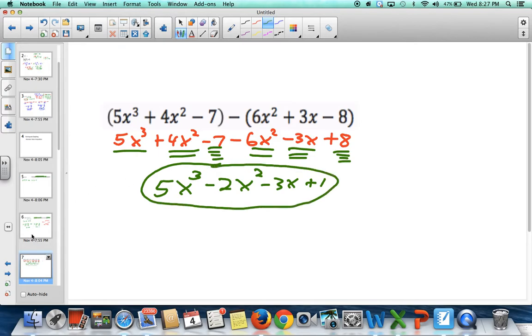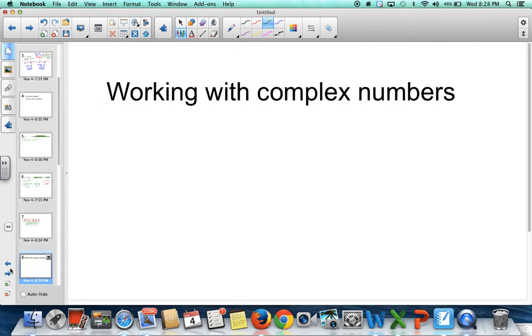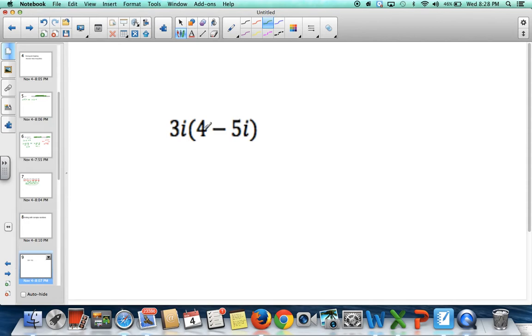Okay. Next problem I'm going to do is this one right here, working with complex numbers. What we do with complex numbers, that involves i. Now, the secret to working with i's is treating the i's just like we did x's. The only difference is when we get an i squared, we just make that negative 1. So for this one, I'm going to say 3i times 4, which is 12i.